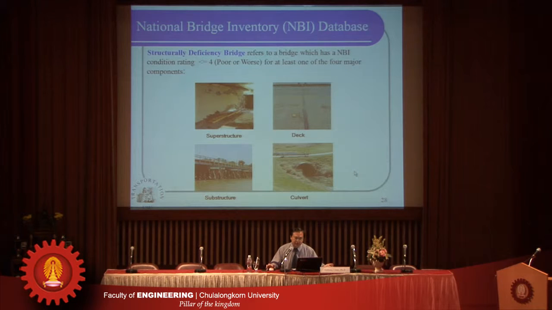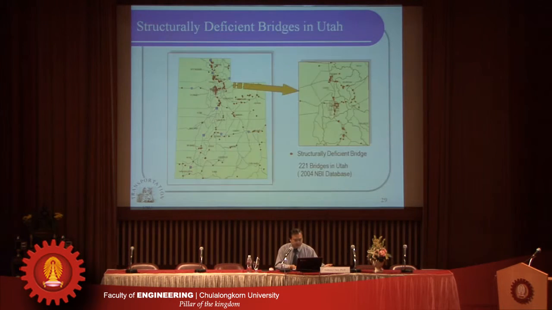So what we did is we go to this database for the state of Utah, and then we sort to find out how many structurally deficient bridges are in the state of Utah. And this is what we got. There are about 221 bridges that are considered structurally deficient.